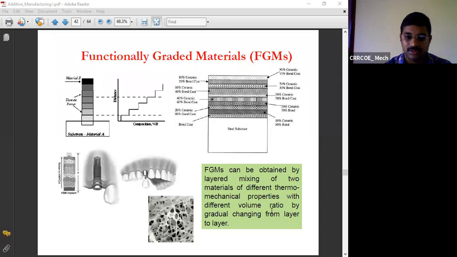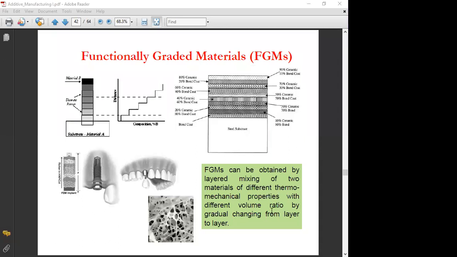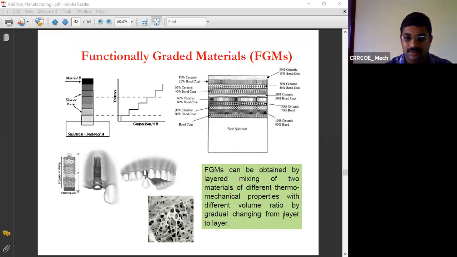So from layer to layer the properties change. Why? Because different volume ratios have been adapted. By changing the volume ratios, definitely the mixing of the metals will be different, giving different thermomechanical properties. That is given as a graph in the presentation.